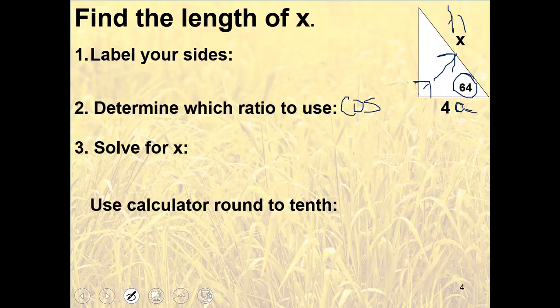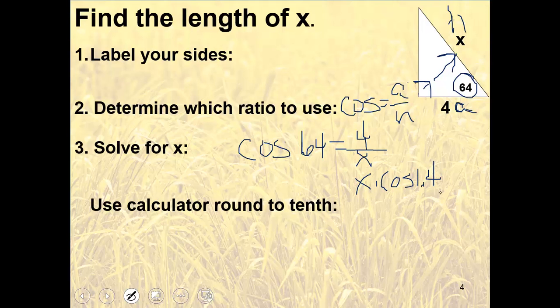All right? Now I have the cosine of an angle, 64 degrees, has to equal the side adjacent, which is 4, over, let's write this over here, A over H, over X. So again, I'm going to multiply both sides by X, and I get X times cosine 64 is equal to 4, and I'm going to divide both sides by the cosine of 64.